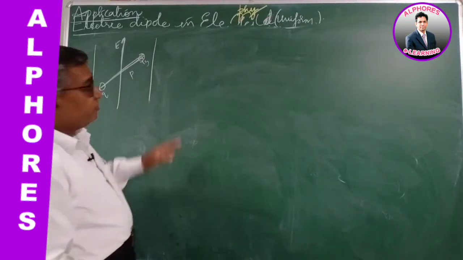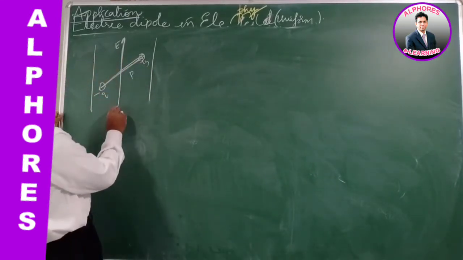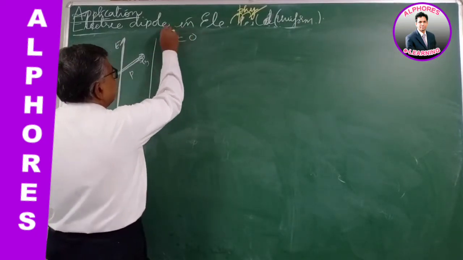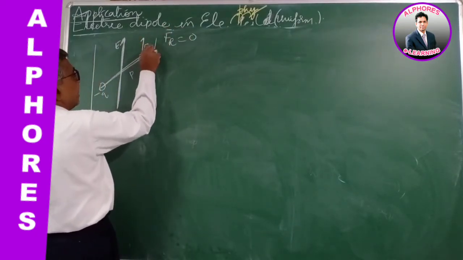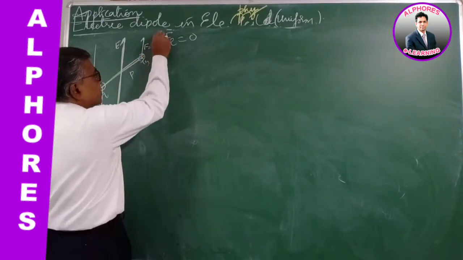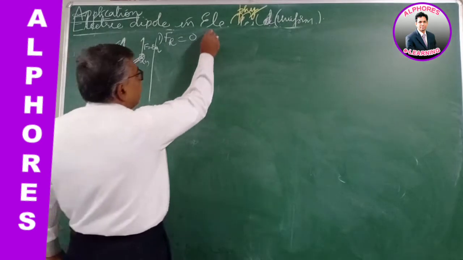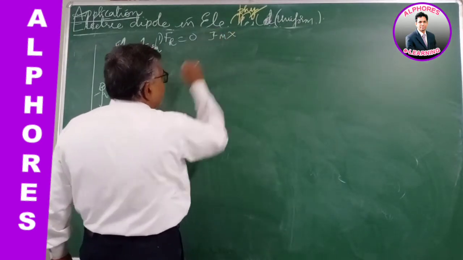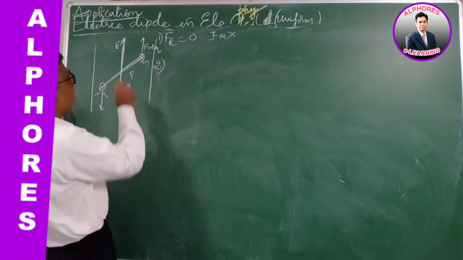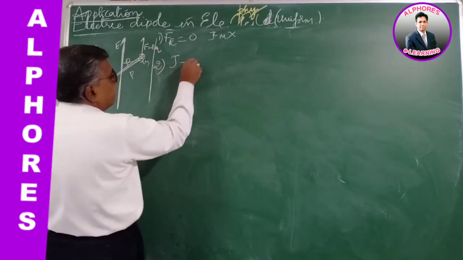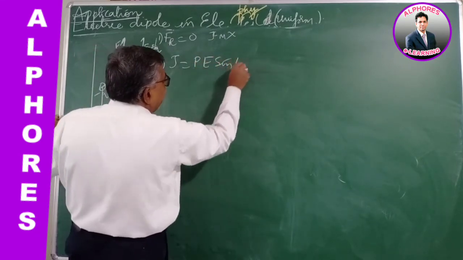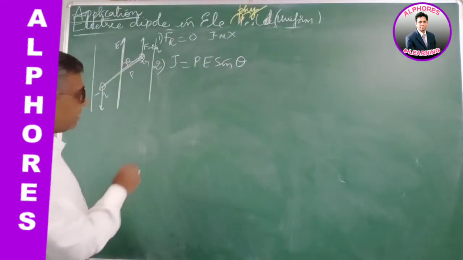Whenever a dipole is suspended in an electric field, first, the net resultant force is 0. The force on each charge is EQ, equal and opposite, so the net force is 0 and translatory motion is cancelled. Second, the net torque acting on it when it is at an angle theta is tau equals mod P mod E sine of the angle theta, that is PE sin theta.